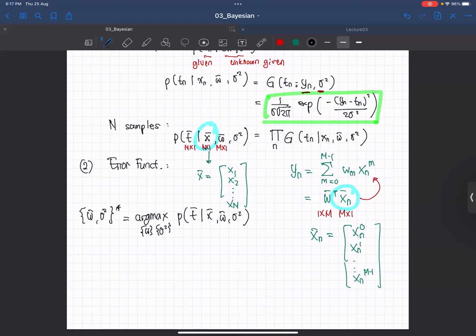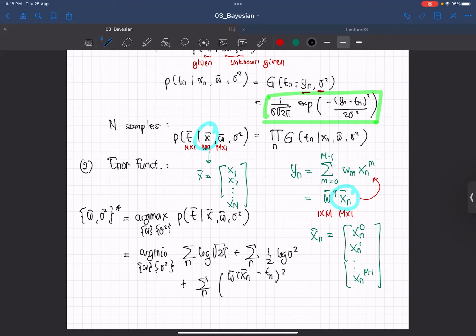So maximizing this, in the end of the day, you will do the minimization over W and sigma square, and then this will be very long here. So it's sum over n log square root of 2 pi, plus sum over n 1 over 2 log sigma square, plus sum over n (W transpose Xn bar minus Tn) square, divided by 2 sigma square.